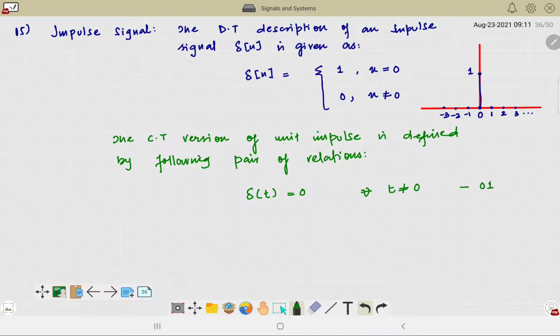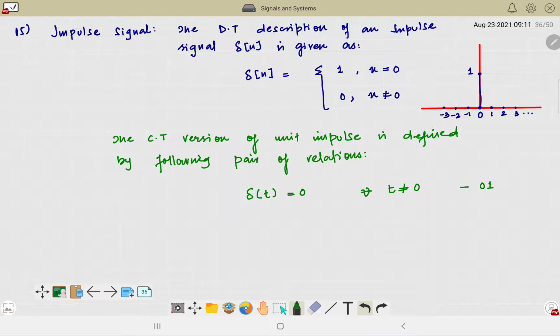So on the same line, if we defined the unit impulse in the continuous time version as delta t equal to 1 for t equal to 0 and delta t equal to 0 for t not equal to 0, then there would have been no difference between the continuous time and the discrete time version. Discrete time is defined only for one point, and then continuous, had that been the definition, it would have been defined only at one point. But there has to be a difference, because you can't define a continuous time signal only at a single point. It has to span some time interval.